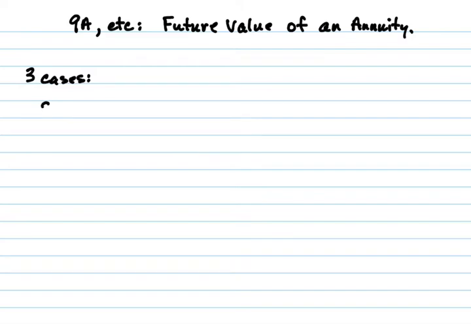First case is if you start with a zero balance. So let's say you start a new job, your employer is going to put in $1,500 a month into your superannuation, so you're starting off with nothing, right? Okay. If that's the case, then there are two formulas that you can choose from, and they are going to look very familiar to you.